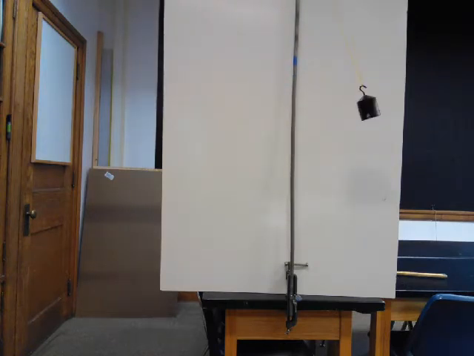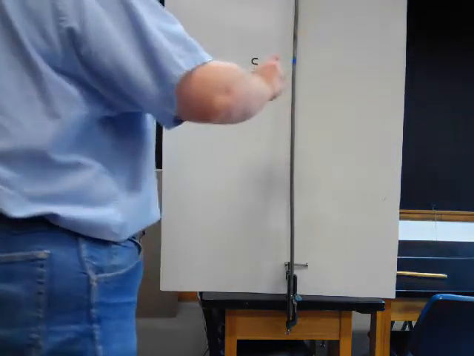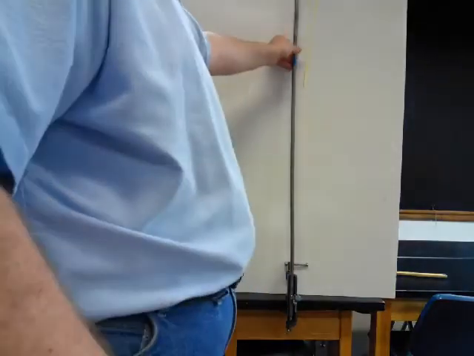Go. 1, 2, 3, 4, 5, 6, 7, 8, 9, 10. 14.78. So that's forecasting that maybe the length matters. We're not going to use a kilogram because I don't want this thing to start swaying as we do this.